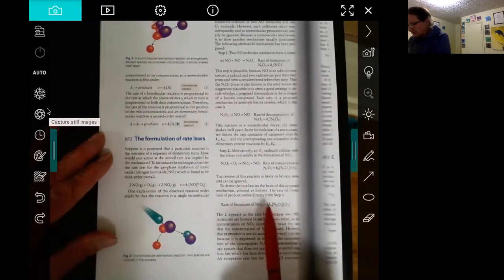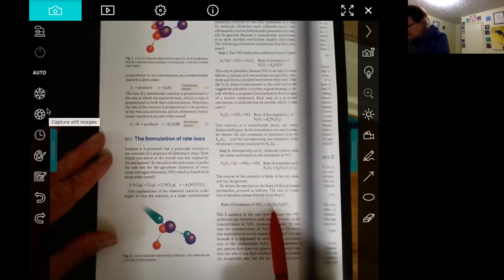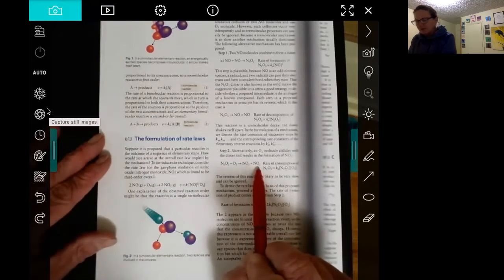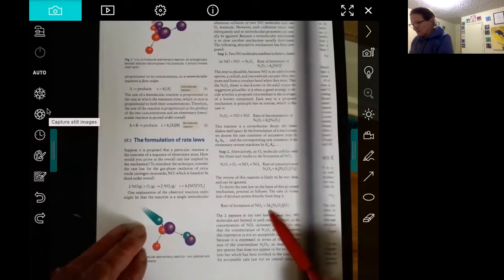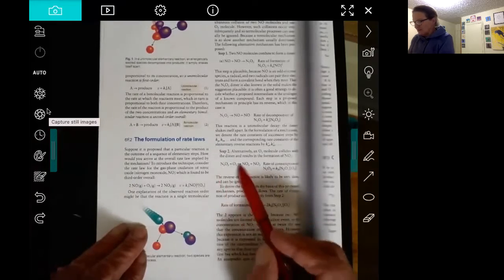The 2 is there because when this reaction takes place, you get 2 moles of NO2. So the rate of formation of NO2 is twice the rate at which this reaction takes place.